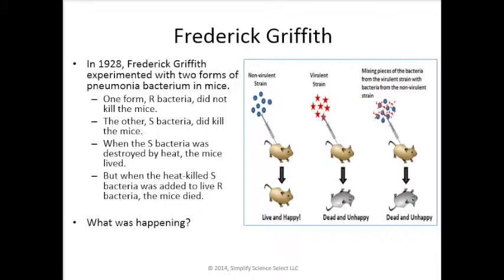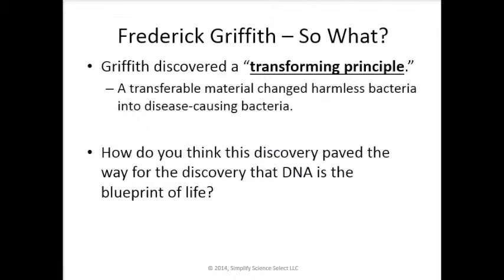And so Frederick Griffith said, what he called this was the transforming principle. He said that whatever it was that the S bacteria had that made them disease-causing, even after you destroyed them as bacteria, the R ones were able to pick it up somehow.